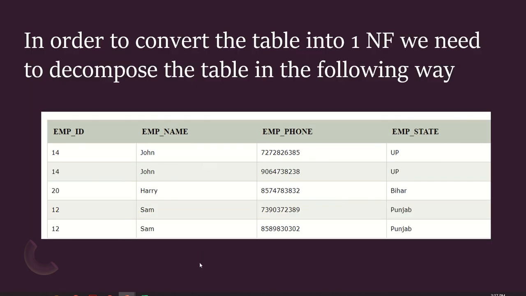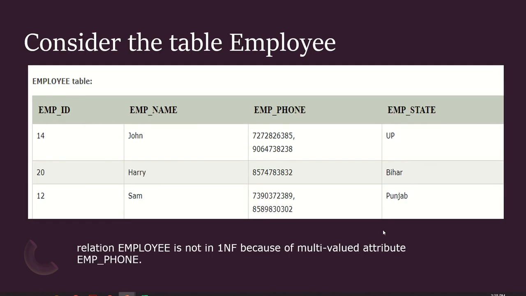In any corresponding column, there is only one value: 14, 14, 20, 12, 12, John, John, Harry, Sam, Sam, phone number, next phone number, UP, UP. If you see each and every row, there is only one value; multiple values are not allowed.